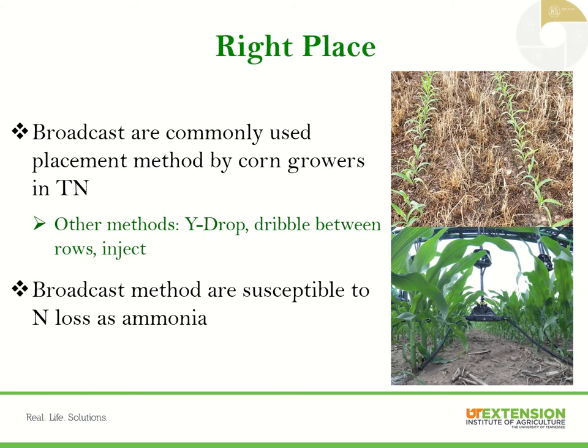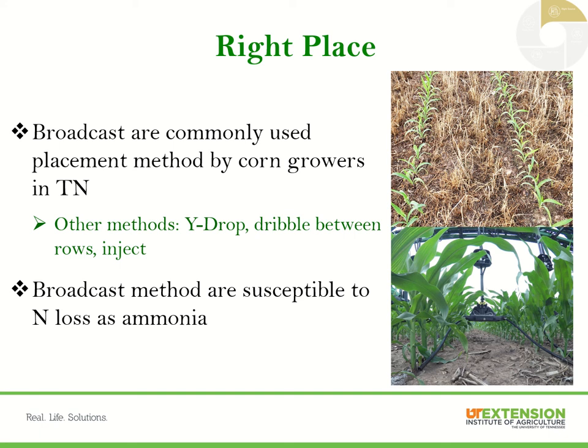The second R will be the right place. Broadcast placement is a commonly used placement method by corn growers in Tennessee. There are other methods like the wide drop, and the picture you see here is the wide drop method. And there's also dribbling in between the rows, as well as injecting liquid UAN into the soil, which is pretty much the gold standard.